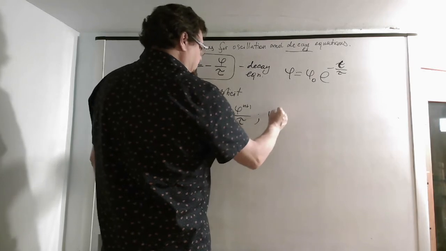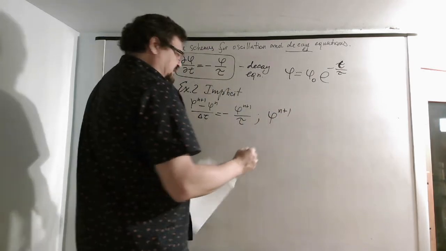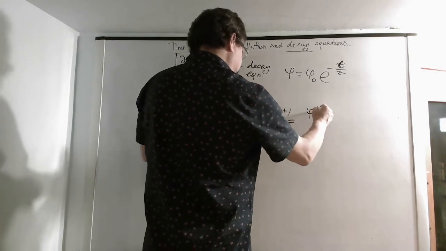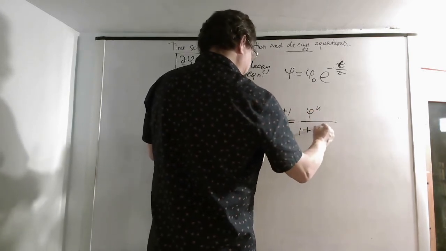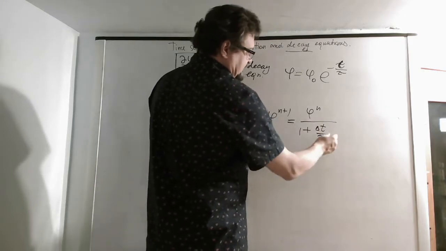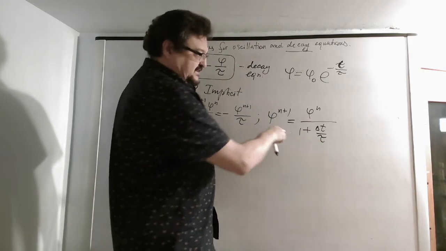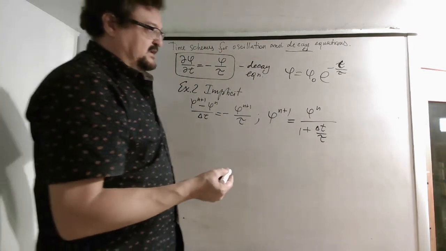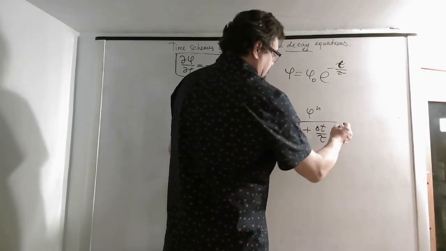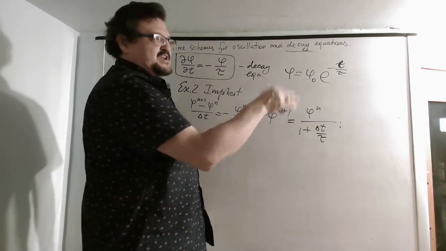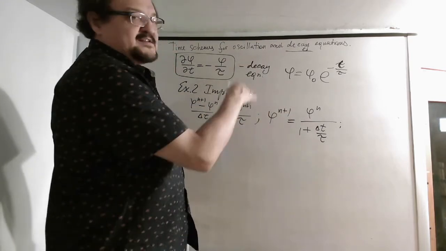Let's write it like the following: φ^(n+1) in that case equals φ^n divided by (1 plus delta t divided by tau). We see that this denominator is always positive and greater than 1. So 1 divided by a number greater than 1 is always smaller than 1. So in that case it's always decaying. The amplitude at each time step would decrease regardless of the time step you use.